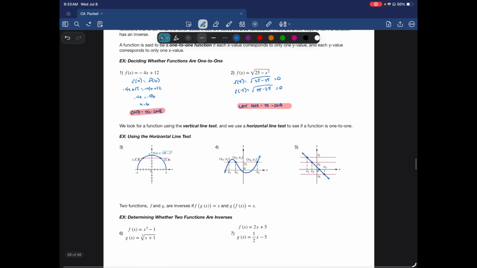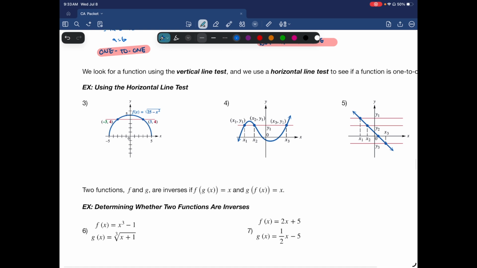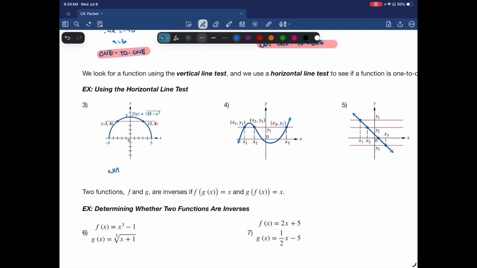We look for a function using the vertical line test, and we can then use the horizontal line test to see if it's one-to-one. On number 3, it fails the horizontal line test because it hits two points at the same time, so this is not one-to-one.